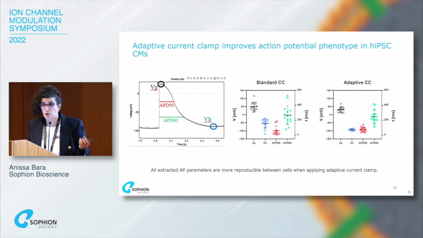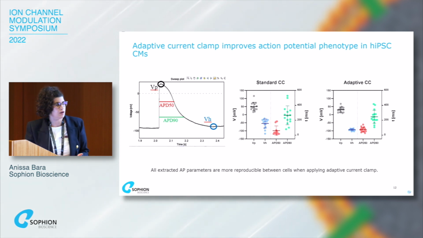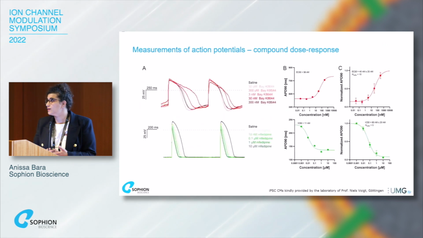So finally, when we have a cell that is able to fire action potentials in our APC machine, then we can modulate the length of this action potential by adding some drugs.